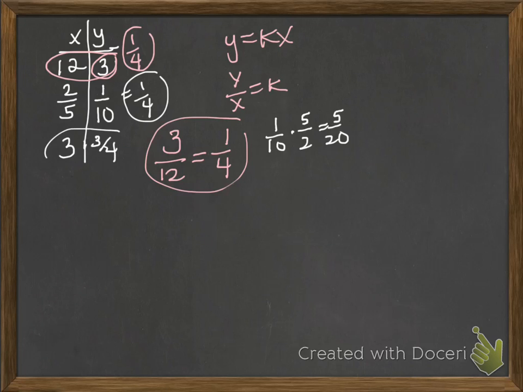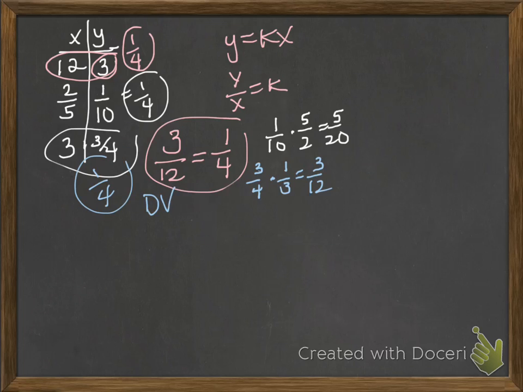And last one, let's look at these. We have 3/4 times 1/3, and that gives me 3/12, which reduces to 1/4. So this is a direct variation.